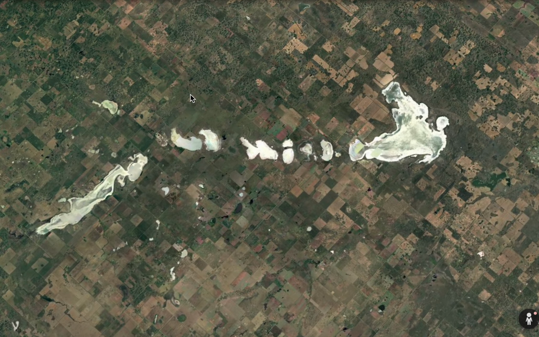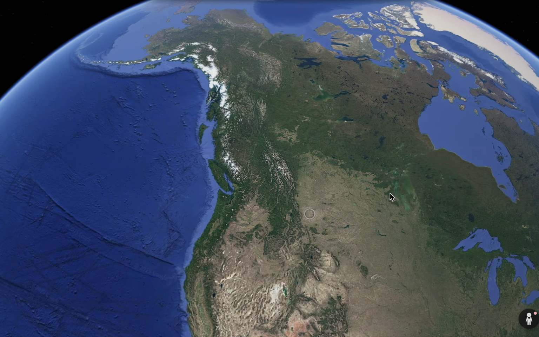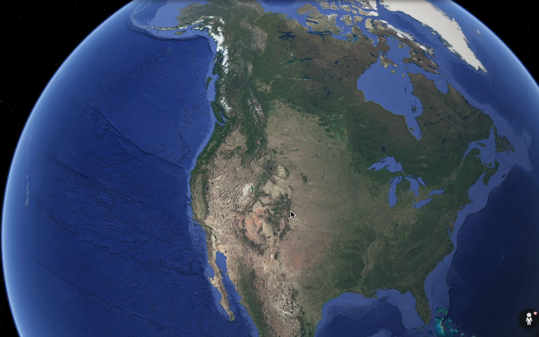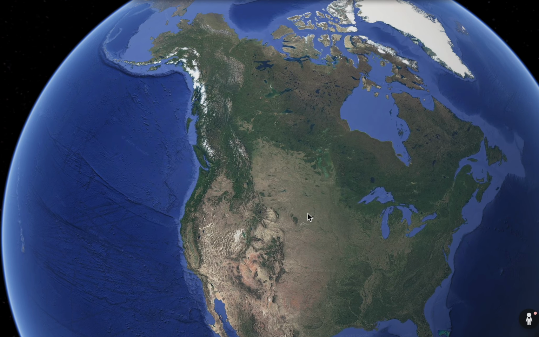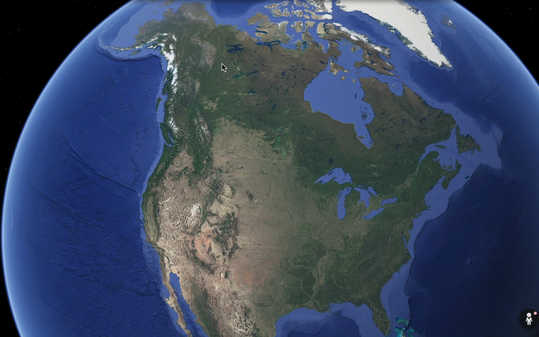Now let's go to Canada. So if you study a geologic map and you understand the geology of this landscape, you understand that there used to be a seaway that went through here, an ancient seaway.